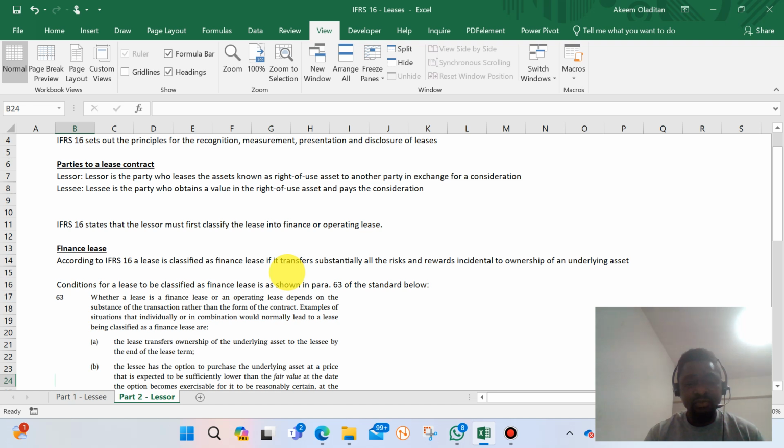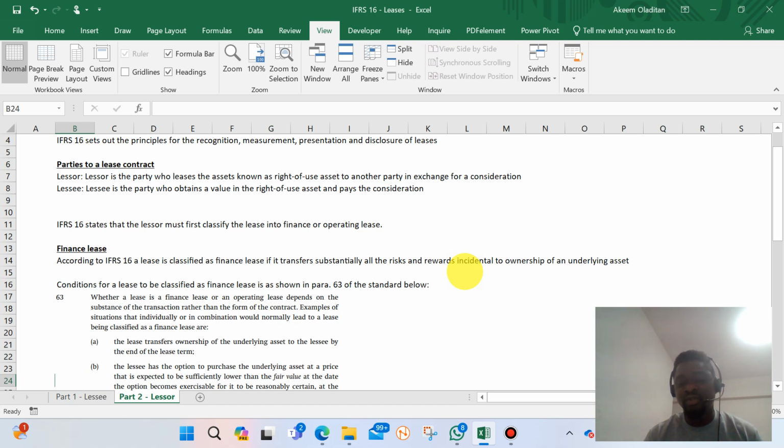What this means is that the lessee benefits substantially more, for instance more than 90%, from all the risk and reward of ownership on the lease. Maybe you lease an aeroplane, for instance.